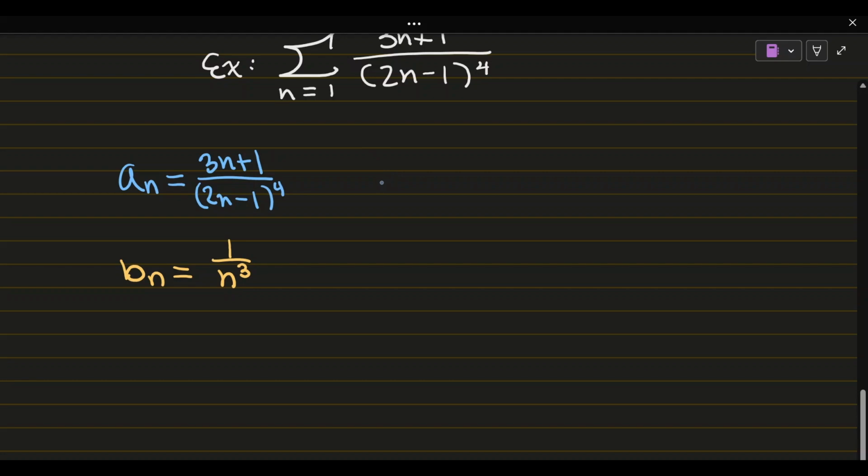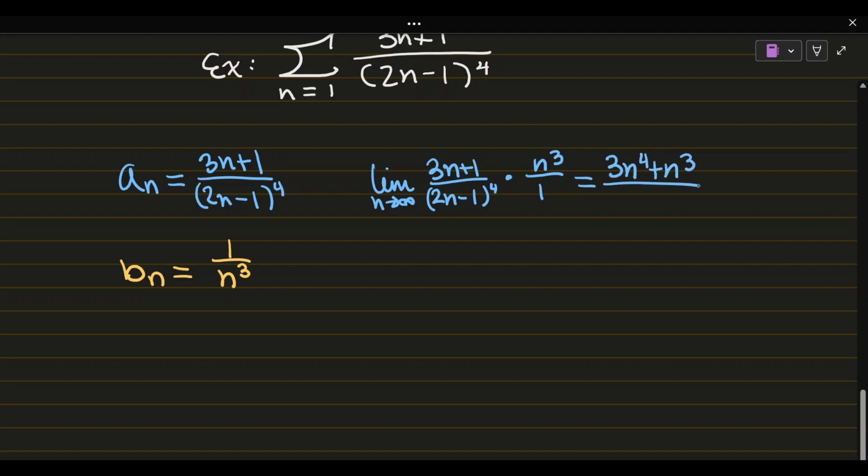Then the limit as n goes to infinity of an, which is 3n plus 1 over 2n minus 1 to the 4th, times n cubed over 1, so that's an over bn, is going to be 3n to the 4th plus n cubed over 2n minus 1 to the 4th. The limit of that.